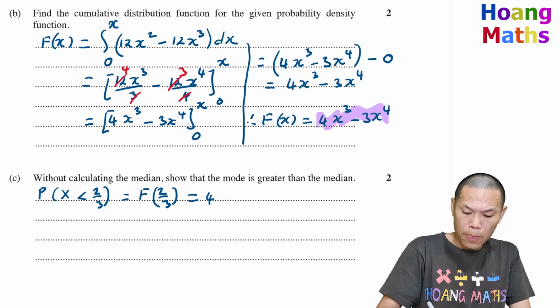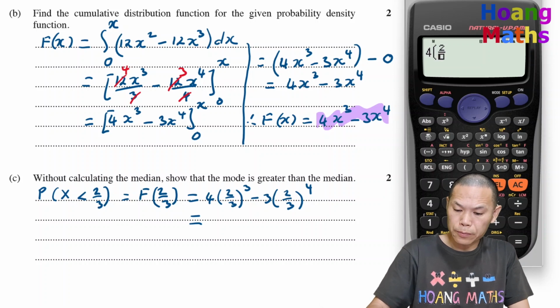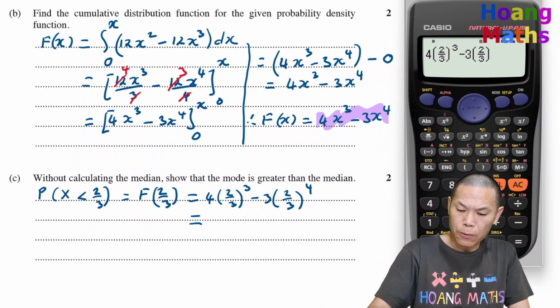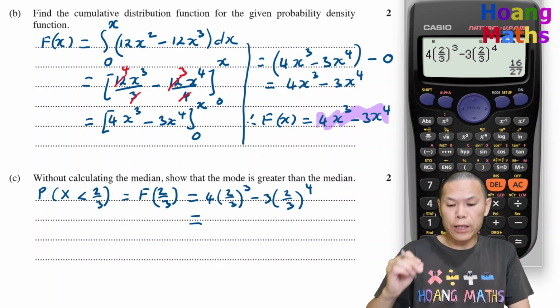So 4 over 3 times (2/3) to the power of 3, minus 3 bracket (2/3) to the power of 4. There you go, 16 over 27.